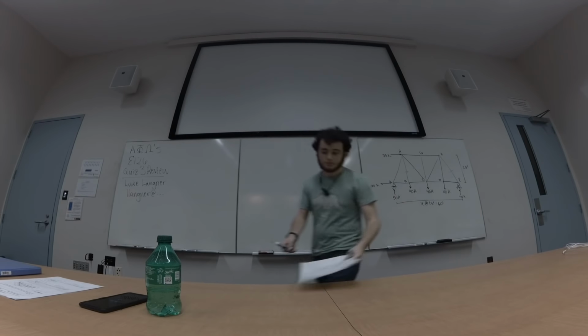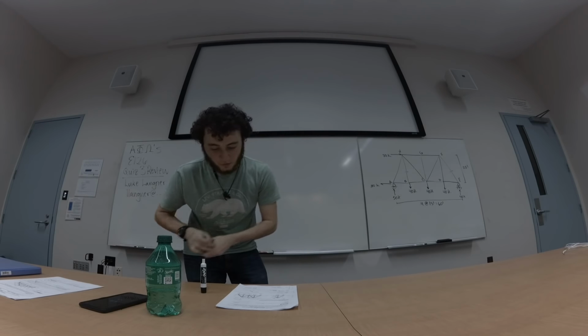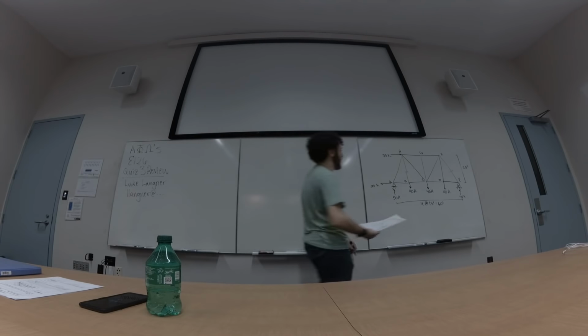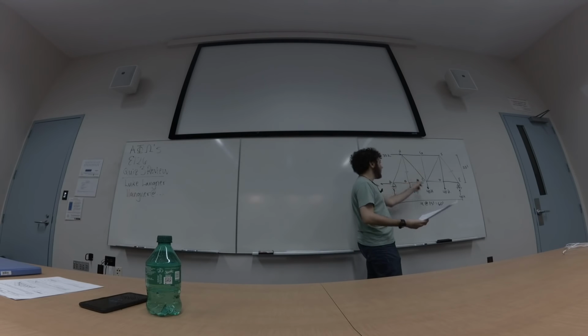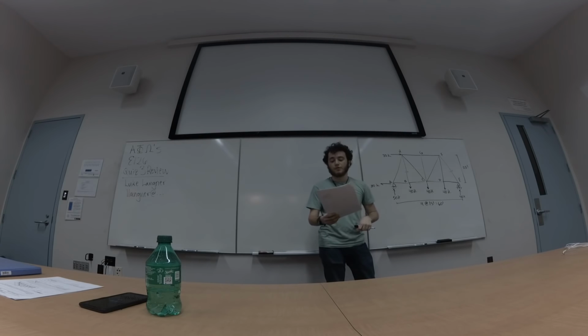All right. So what we're going to do here to start is use the method of cuts. We've got three members right here where we want to find the member forces, right? In order to get those member forces, we're going to have to do cuts through the members, to let them out so that we can see how they're interacting with the rest of the body.